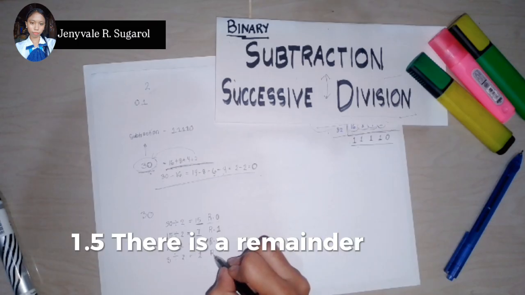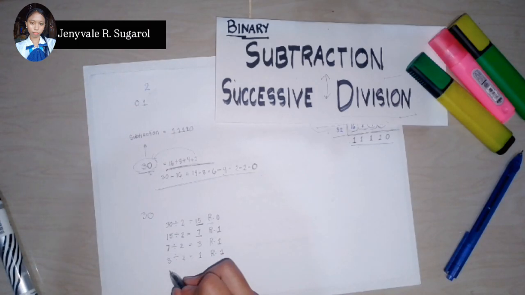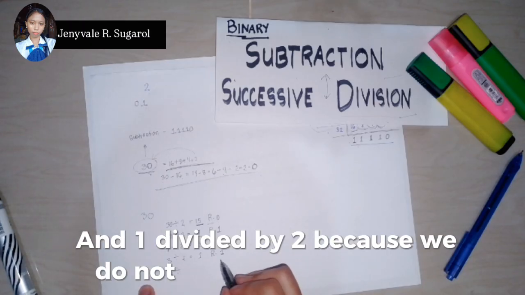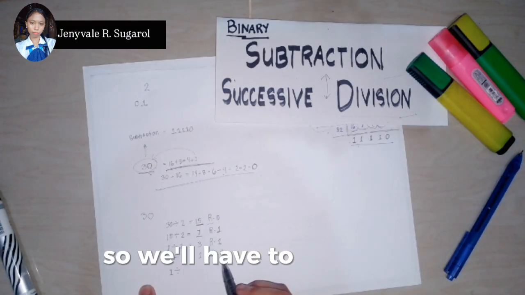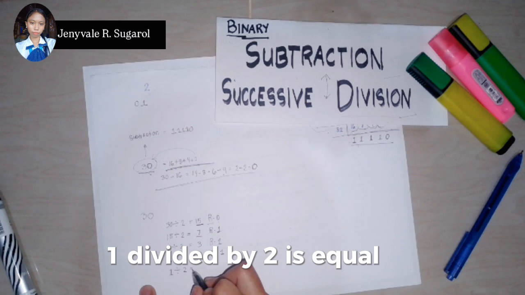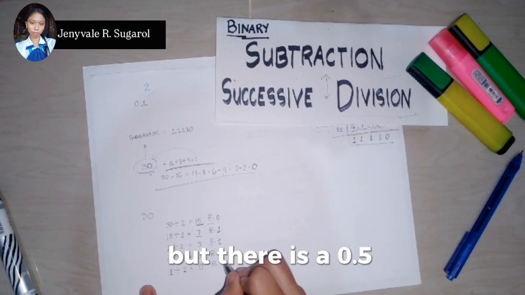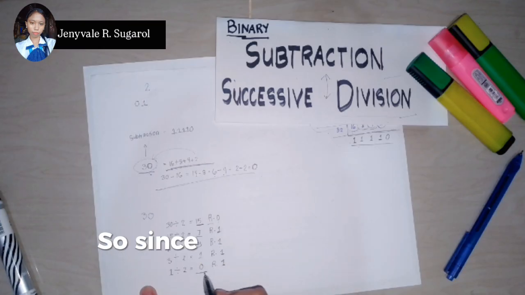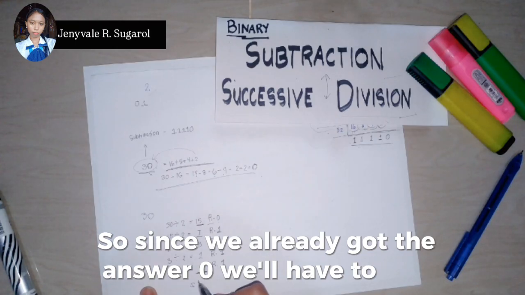There is a remainder, so we will have to put 1. And 1 divided by 2, because we do not have the 0 answer yet, we will have to keep going. 1 divided by 2 is equal to 0, but there is a 0.5. So we will have to put 1 again. So since we already got the answer 0, we'll have to stop.